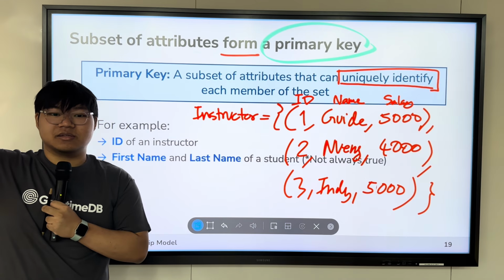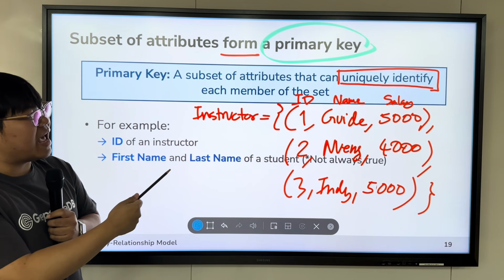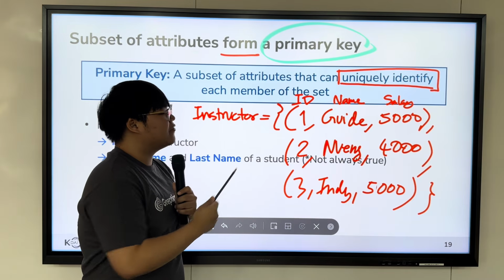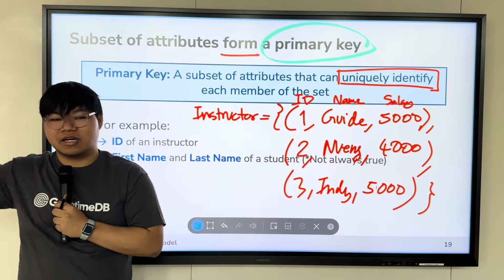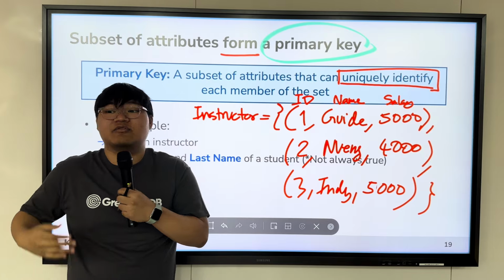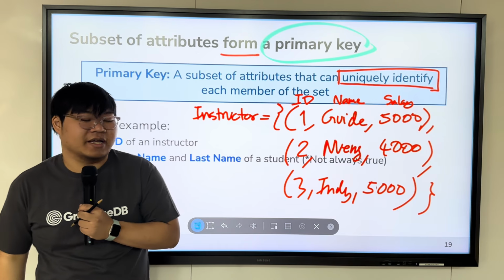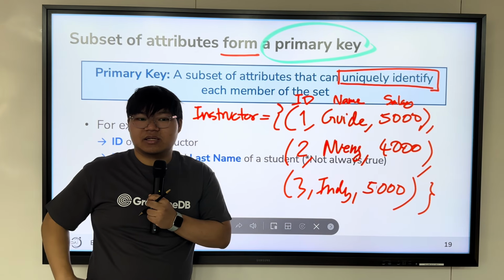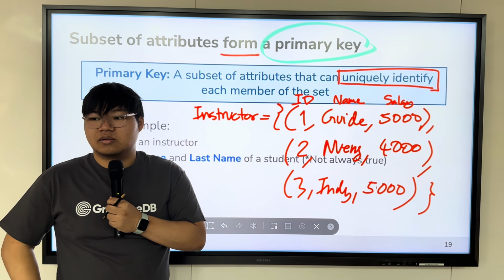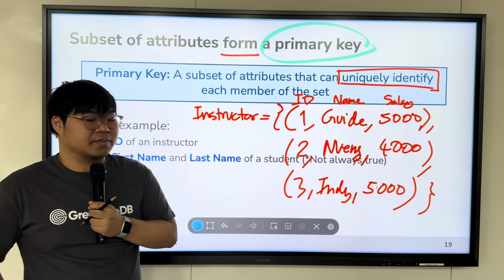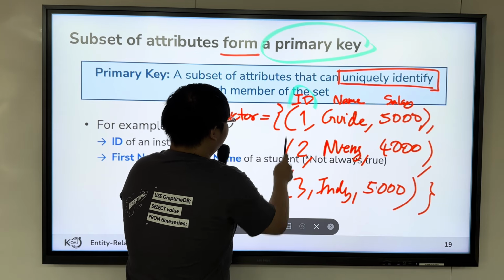Yes? Can name uniquely identify each member of the set? Yes? In this case, yes, but in reality, people may have the same name. Can salary uniquely identify each member of the set? Which means the good primary key would be ID.